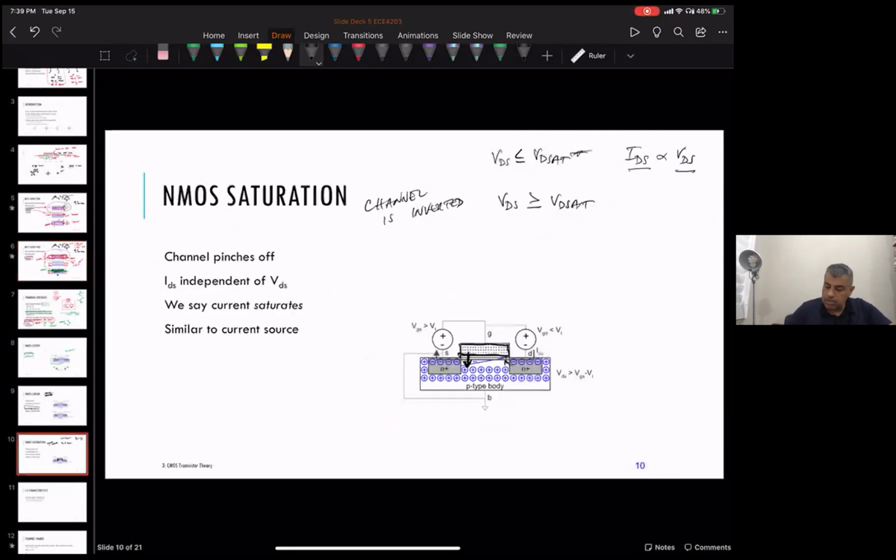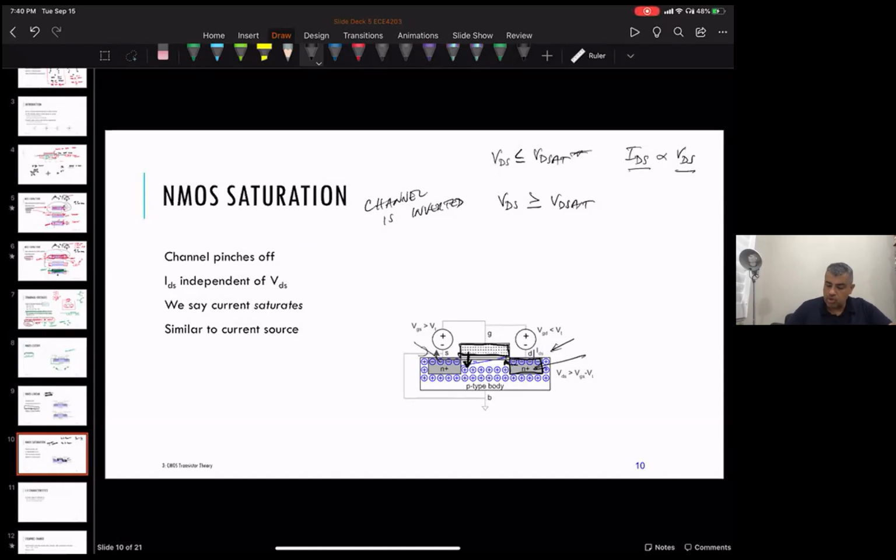But because we added a drain and the source, as we increase this voltage on the drain, as we increase this voltage towards the gate, this sort of gets, you can think of it as getting less and less inverted.